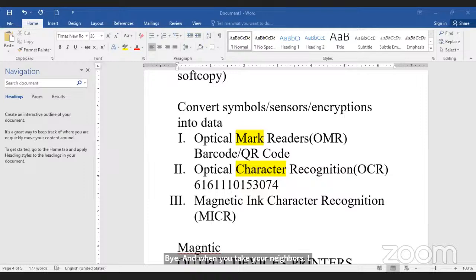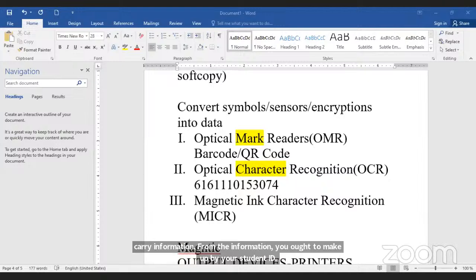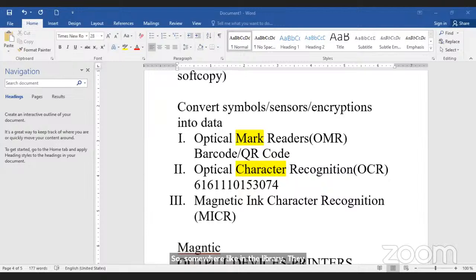When you take your friend's ID and then take your ID and have a look at those barcodes, you see that they are not the same. Those codes carry information. You see all the information is in your student ID. So when you go somewhere like the library, they don't need to write your name, your registration number, your department, your course. They just scan the barcode. So that barcode is a mark.